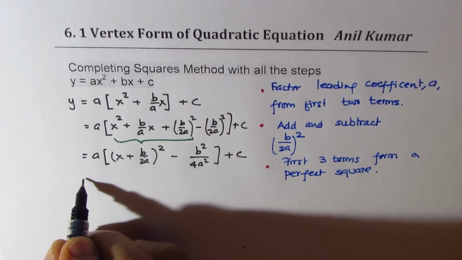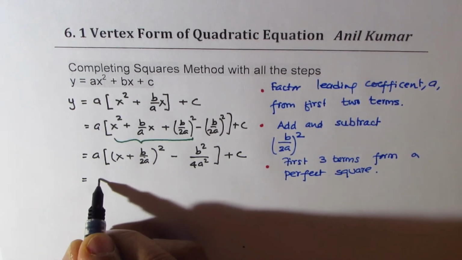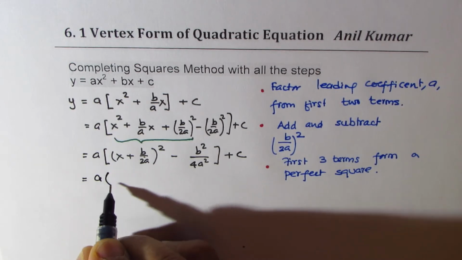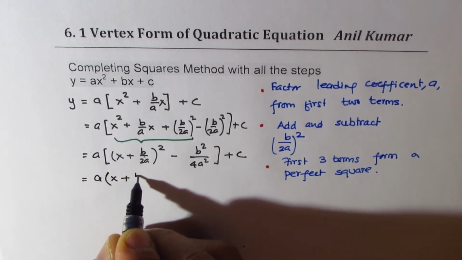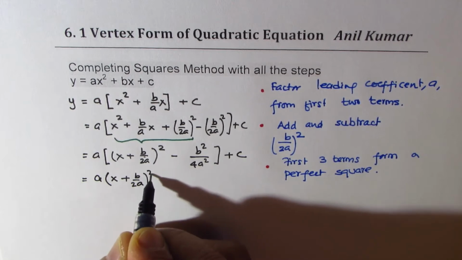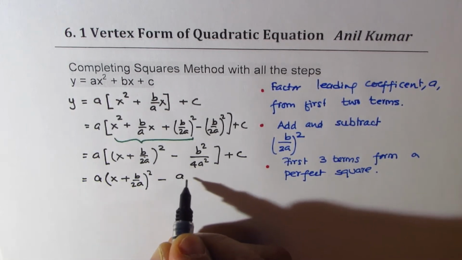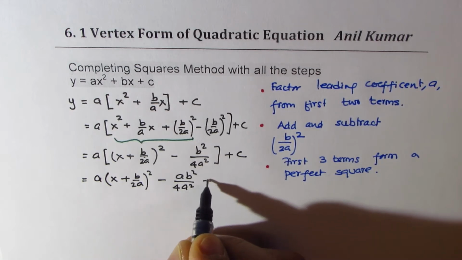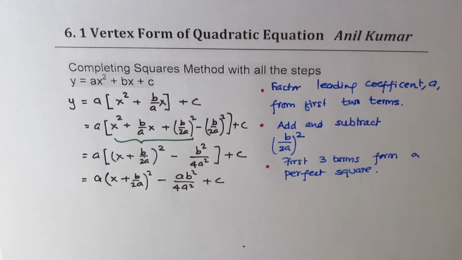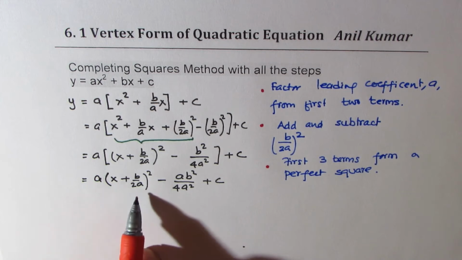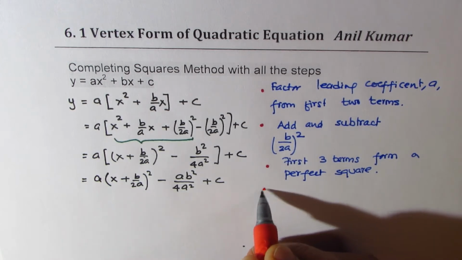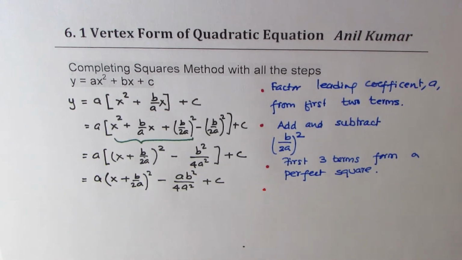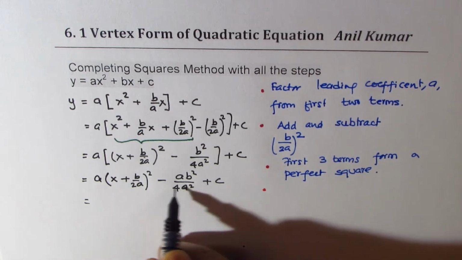Now you can open this bracket applying distributive properties. So we get a times (x plus b by 2a) whole squared minus a times b squared by 4a squared plus c. So you get the vertex form here almost. So b by 2a is related to the axis of symmetry, right? So from here, let me go one more step combining these two terms, right?